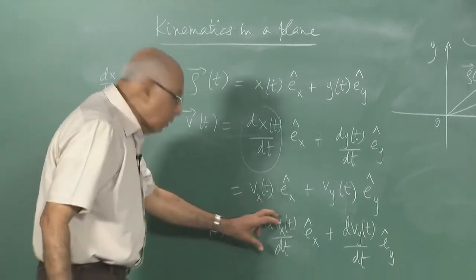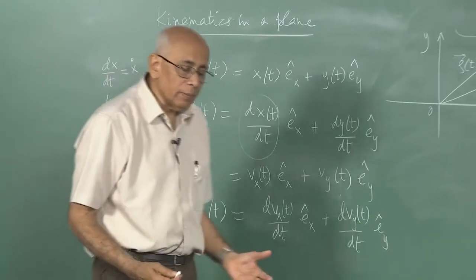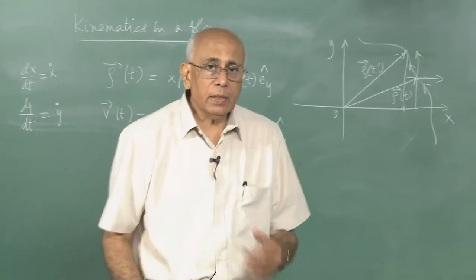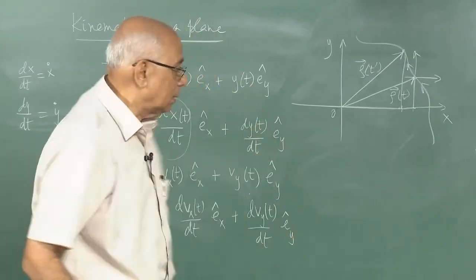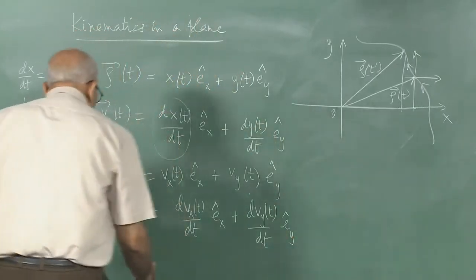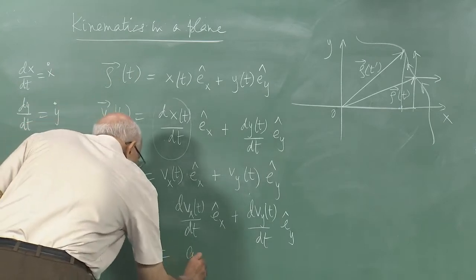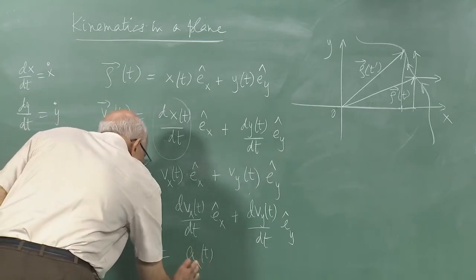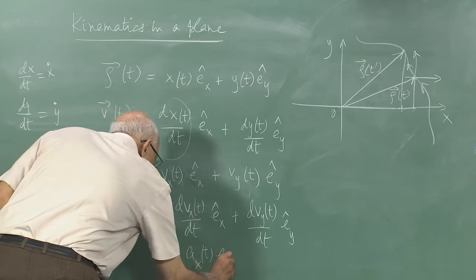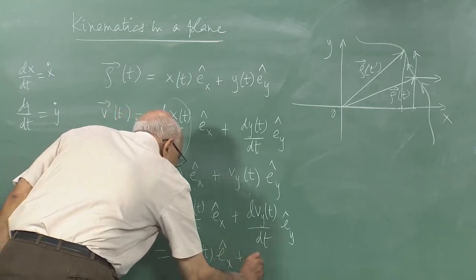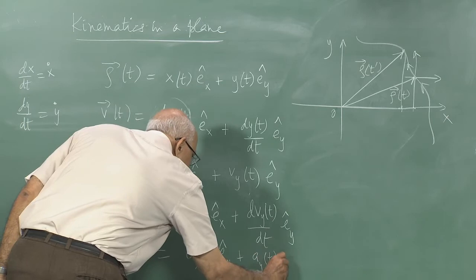And these in general could also be functions of time. There is no reason why the acceleration should be uniform acceleration, although that is a special case. So in general this is equal to Ax of t Ex plus Ay of t Ey, and so on.